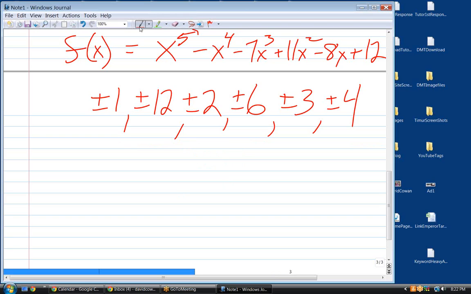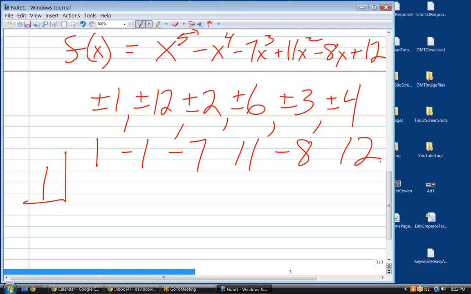If we wanted to test them, and that's all you can do at this point, we would synthetically divide 1 into the coefficients. And if 1 is a solution, I will get a 0 right here.